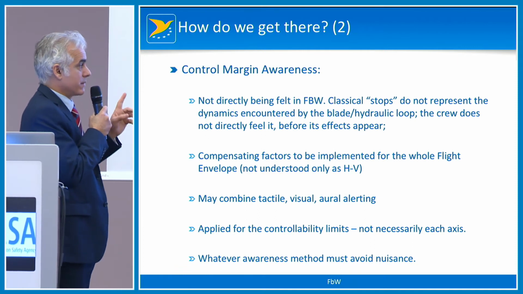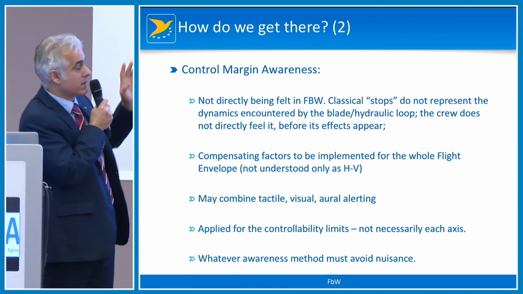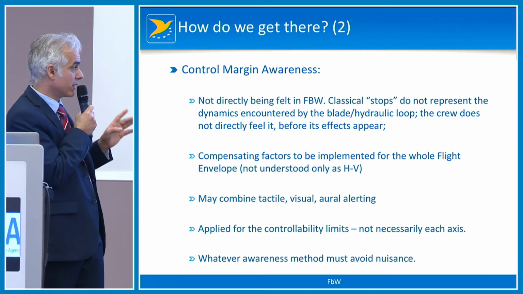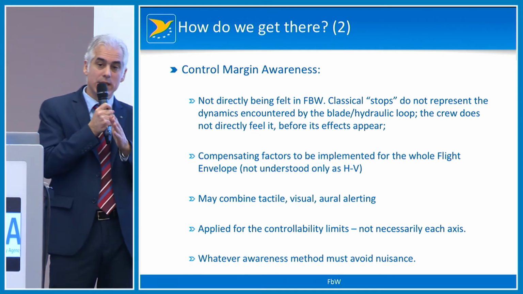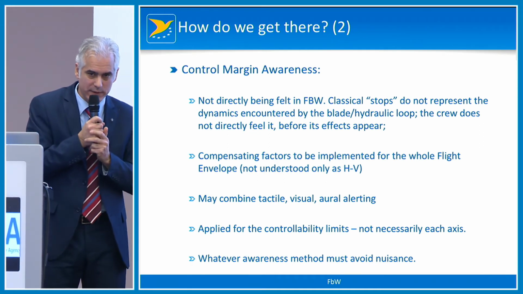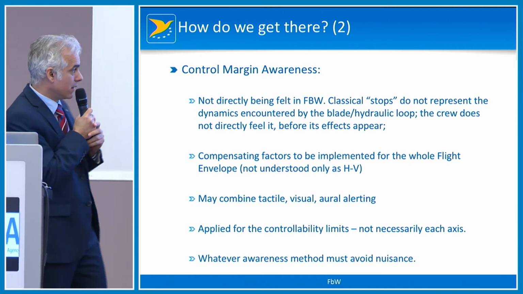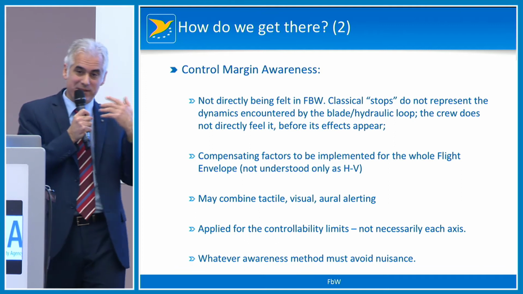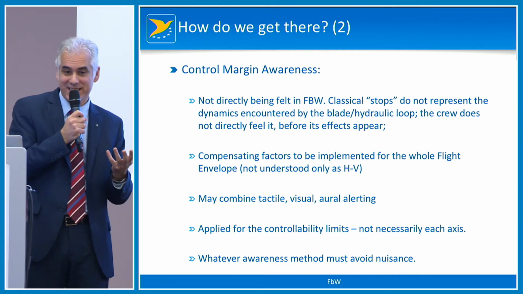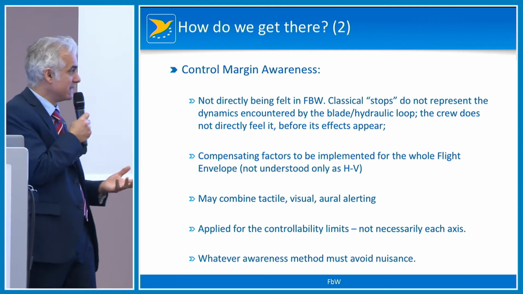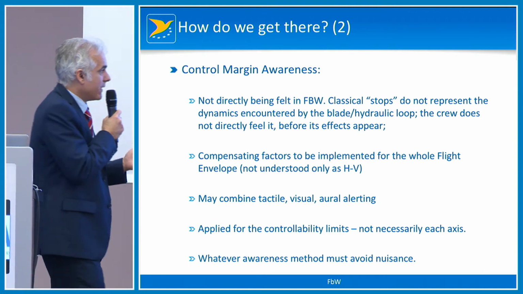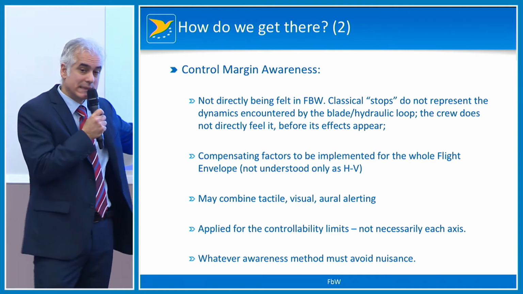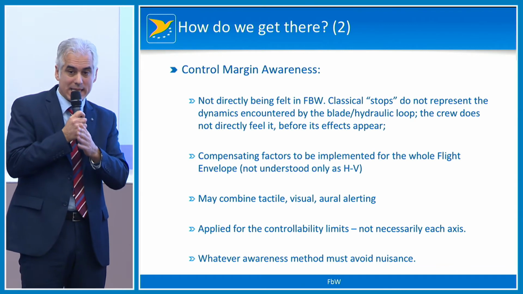And of course, when we're talking about control margin awareness, we're not necessarily talking about each axis that we fly. We have aircraft where you're limited on one axis and basically you don't know about it and you have to act on the other. So we're talking about the controllability limits, not each axis.